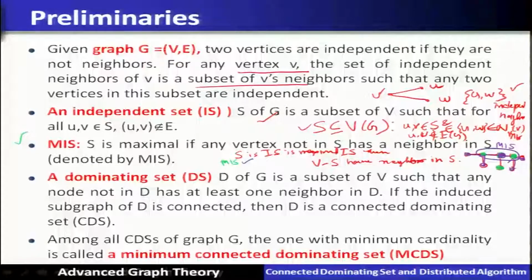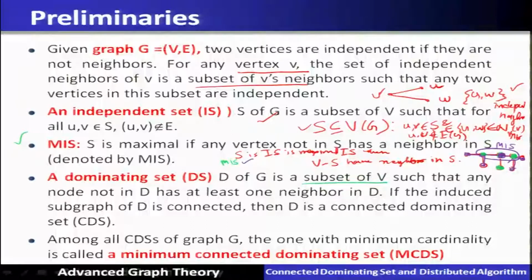Now, the dominating set. D of G is a subset of V such that any node not in D has at least one neighbor in D. Let us consider the same example.